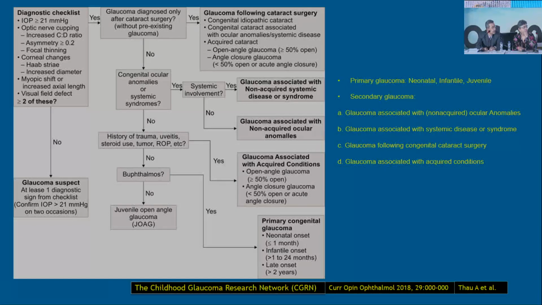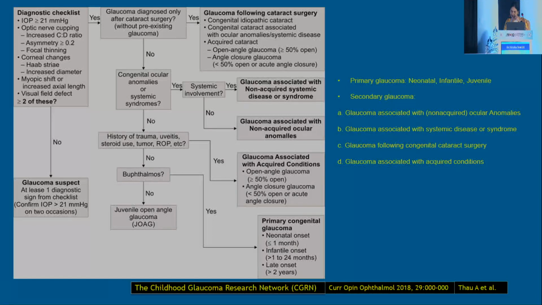So there are several mimickers of glaucoma, whether it is isolated congenital megalocornea, or other conditions with zonulopathies, lens abnormality and enlarged corneal diameter, which is not typically primary congenital glaucoma. If they have glaucoma, they fall into the category of secondary. But if they do not, then we should be very, very careful not to touch these eyes and not to operate them for glaucoma. So it's very important to differentiate.